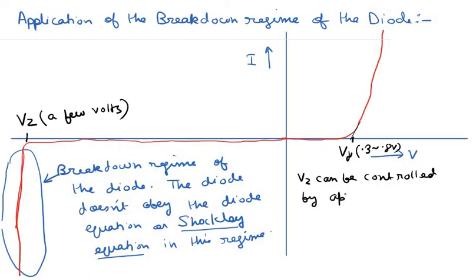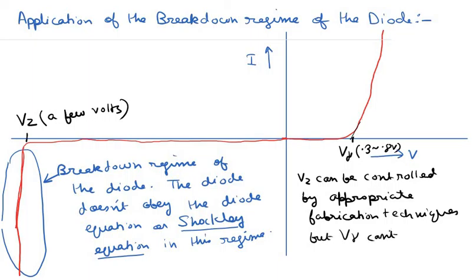So Vz can be controlled by appropriate fabrication techniques, but V gamma can't be controlled. For example, in a silicon diode, for the same silicon material, Vz can be controlled by increasing or decreasing the doping concentration, and Vz can be anywhere from -5 volts to -15 volts, let us say, or even higher.